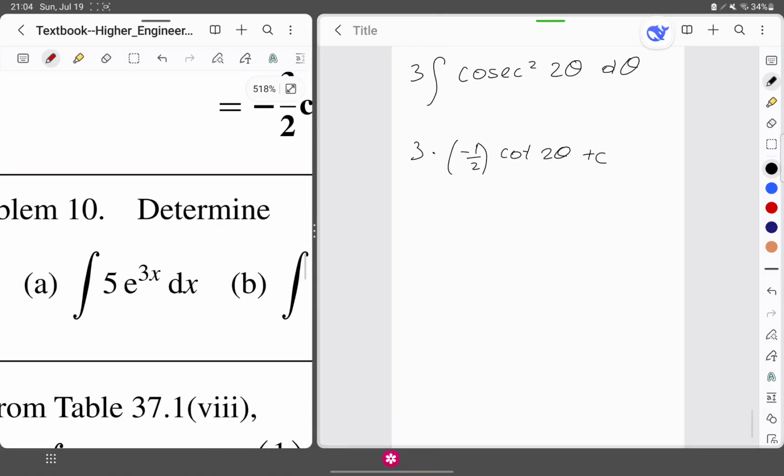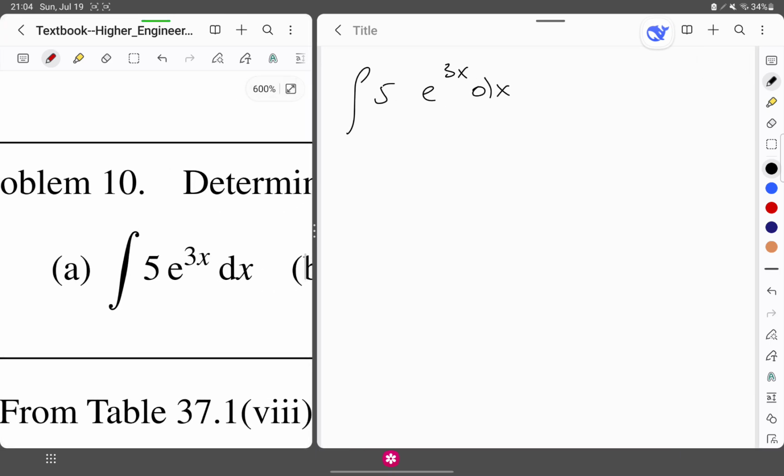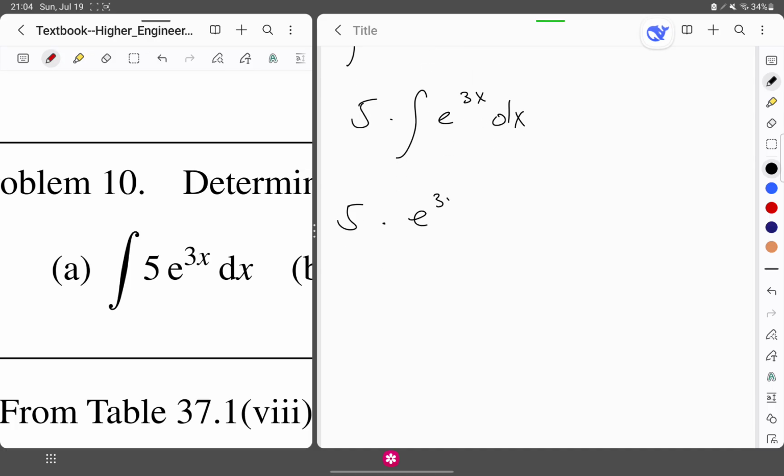So let's write this one. Okay, 5e to the power of 3x dx. It will be 5 times integral of e to the power of 3x dx, and it will be 5 times e to the power of 3x over 3 plus c.